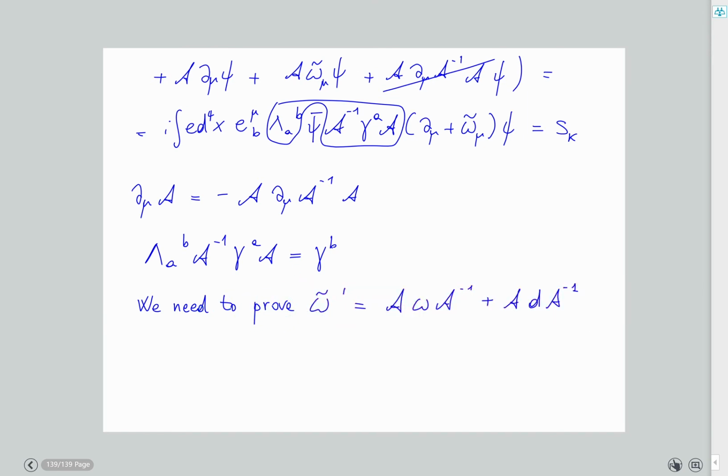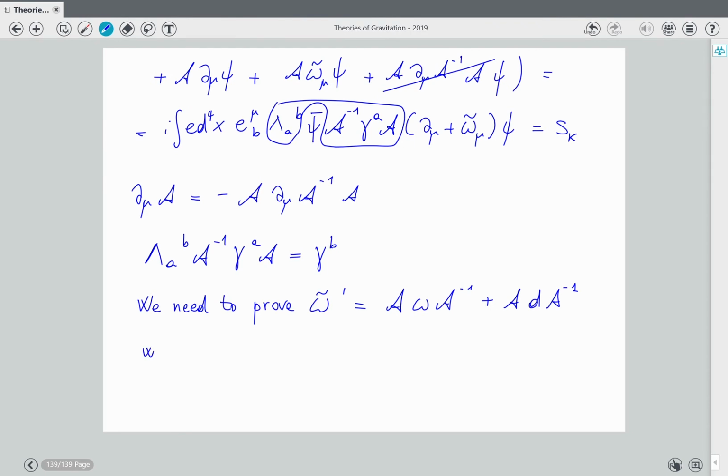What do we know? Well, for example, we know the transformation of omega, which is lambda omega lambda to the minus 1, plus lambda d lambda to the minus 1. This is the generic transformation for a connection. And instead of the capital omegas, we have lambda because our transformation is not a general linear transformation, it is a local Lorentz transformation.